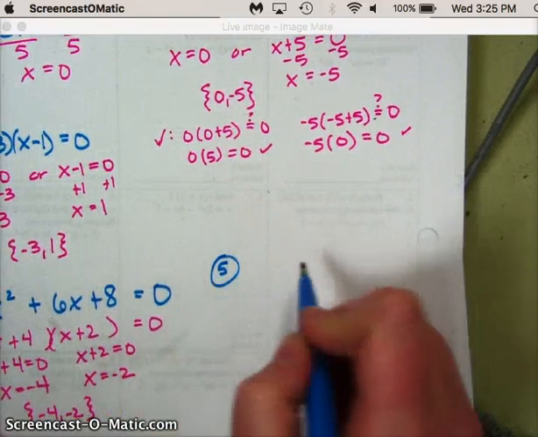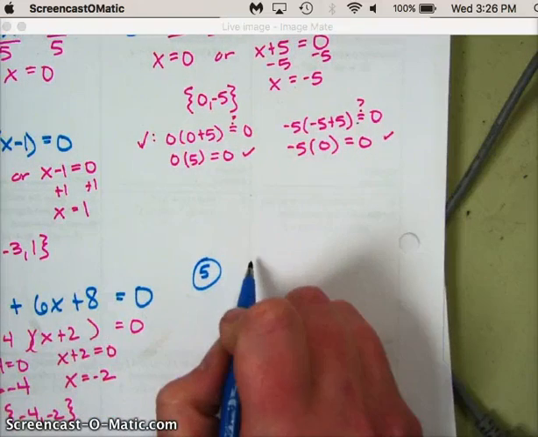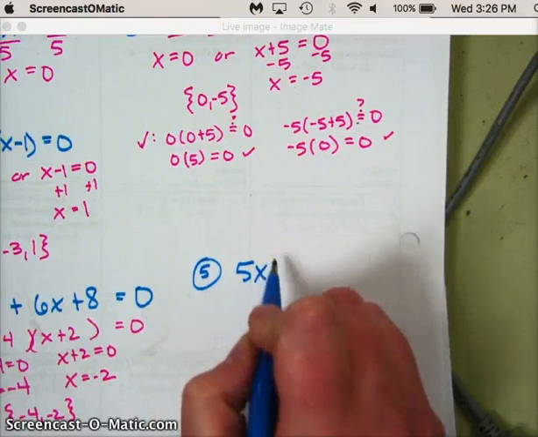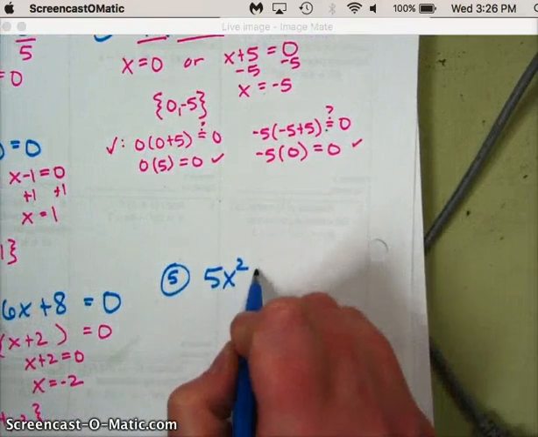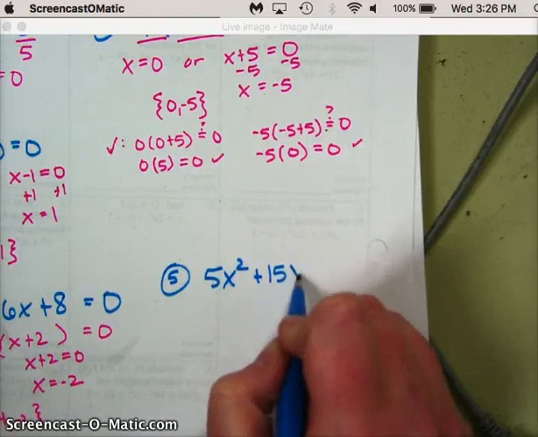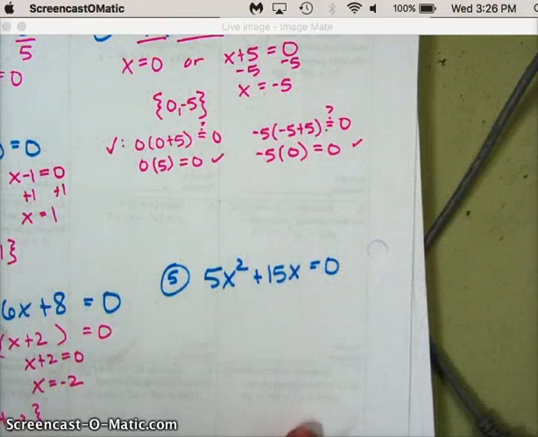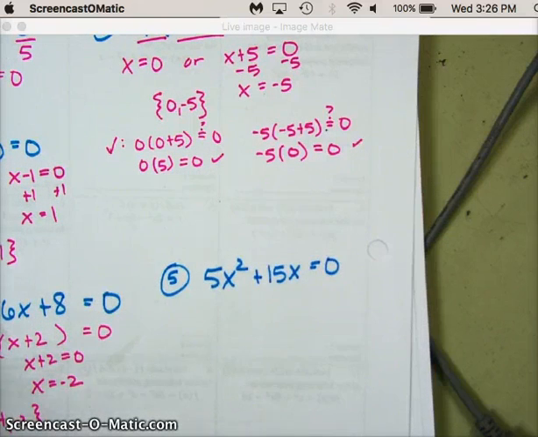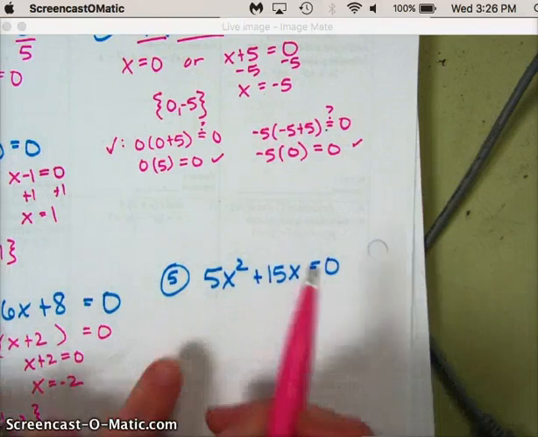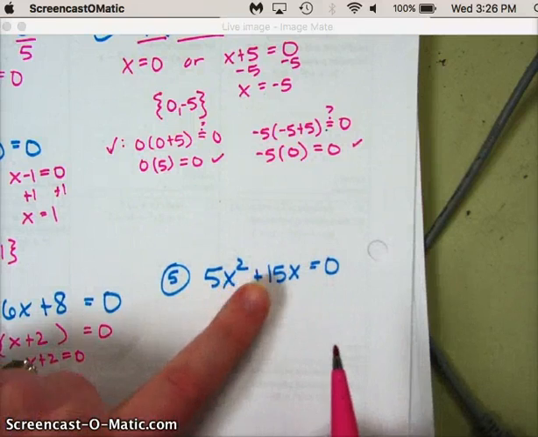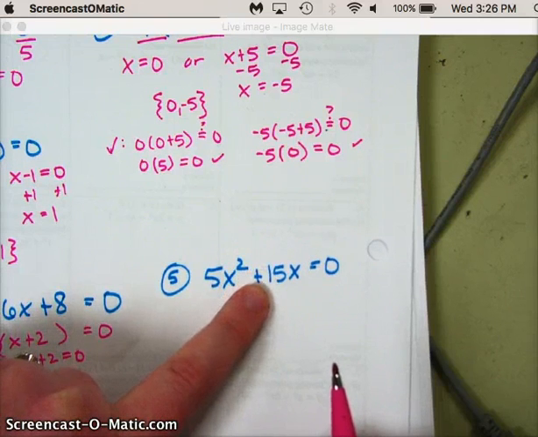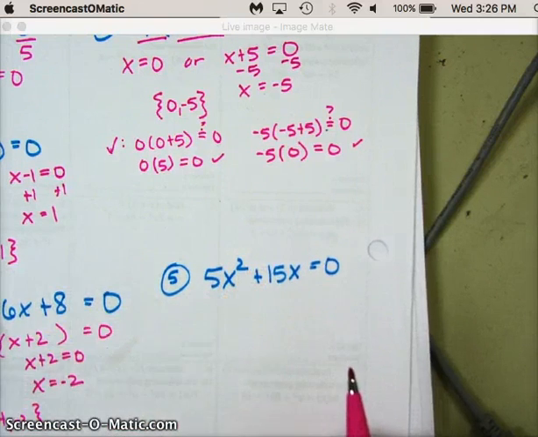Okay. And let's try one more. Let's try example 5. 5x squared plus 15x equals 0. Again, this is not factored. I can't set each term equal to 0 because it has to be a product of two things that equal 0.